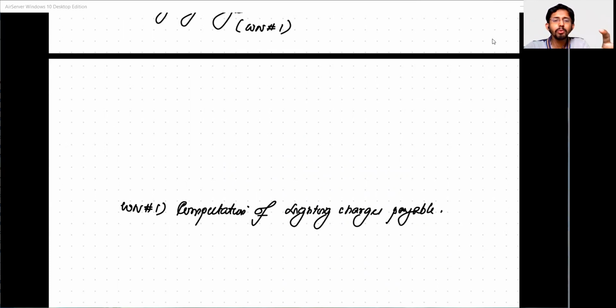Number of room days in the off season is different from the number of room days in the season. I'm talking about the monthly number of room days. The number of room days in the off season will be less, let's say 50%, because the occupancy in the off season is only 40%, whereas the normal occupancy is 80%. So it will be only half.